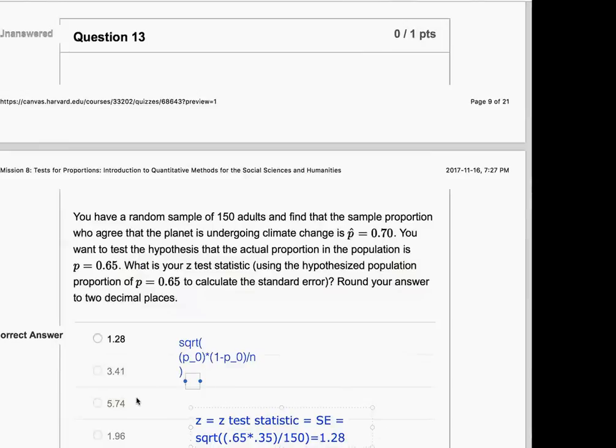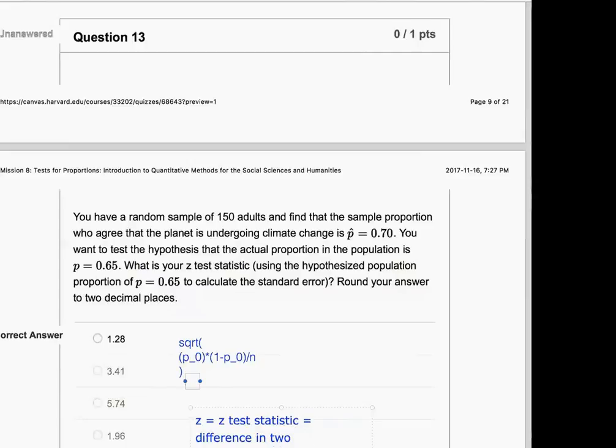1.28 rather. So keep in mind that when we talk about the z-test statistic, using our hypothesized proportion to calculate the standard error... I'm sorry, it's not equal to the standard error. Remember, the z-test statistic is going to be our difference in two proportions divided by our standard error.